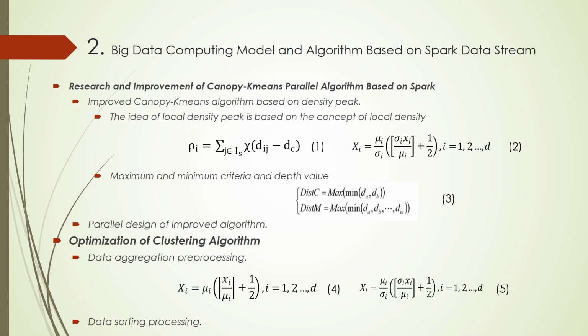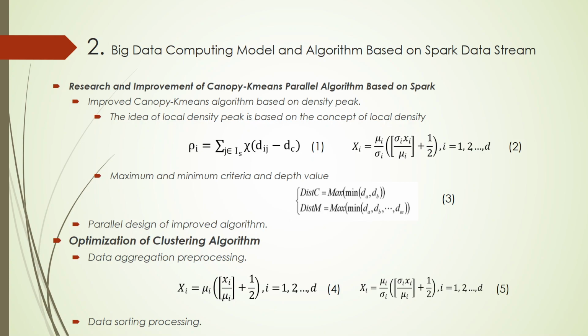Then, using the combination of the maximum-minimum criteria and the depth value, the selection process of the center point is optimized, which not only makes the algorithm not easy to fall into the local optimum, but also solves the problem that the algorithm needs to set the distance threshold manually.